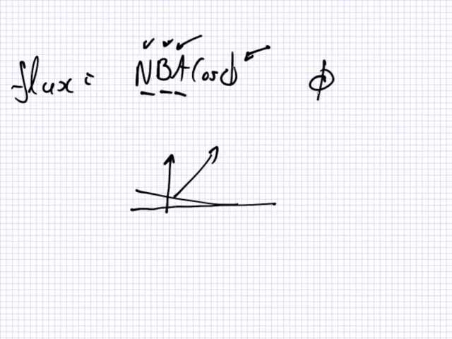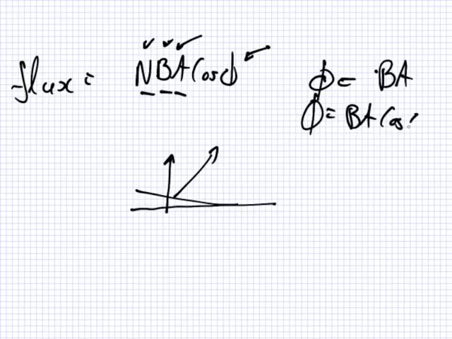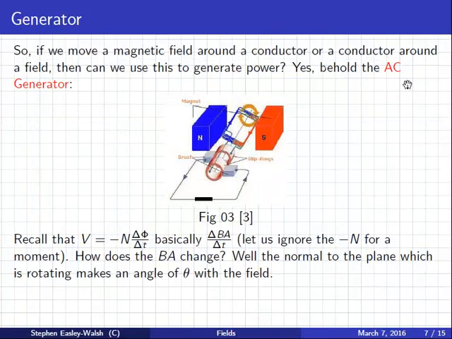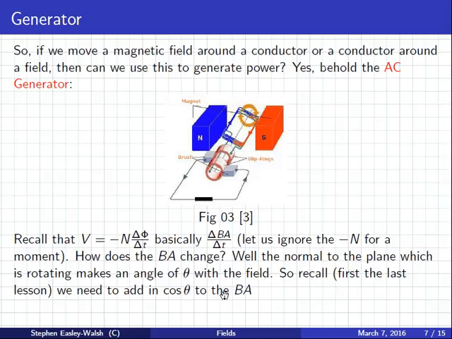So previously you had flux is, let's just forget about the N for a moment, flux is BA, but when it's at an angle, it's BA cos theta. The reason I'm saying that is here, the change is a cos theta. So from the last lesson, all we need to do is add in a cos theta when it's at an angle.